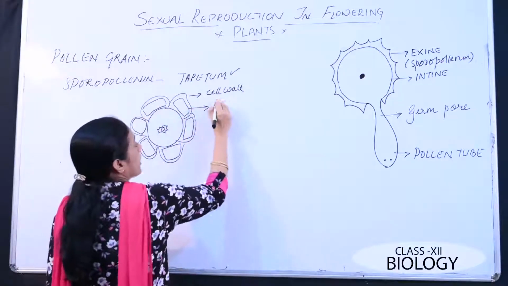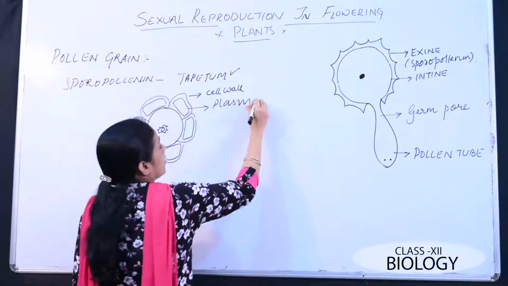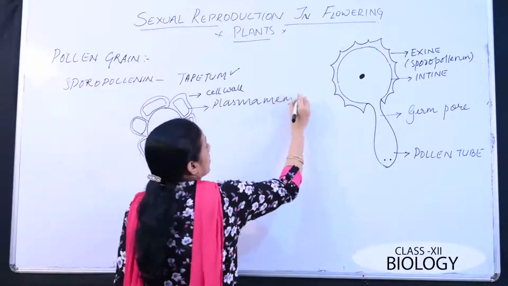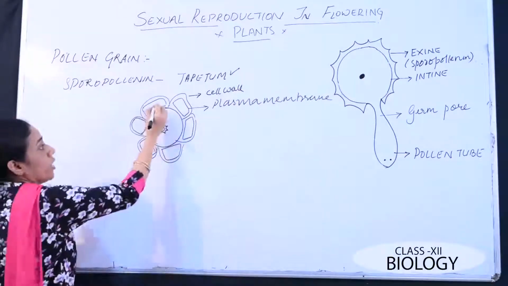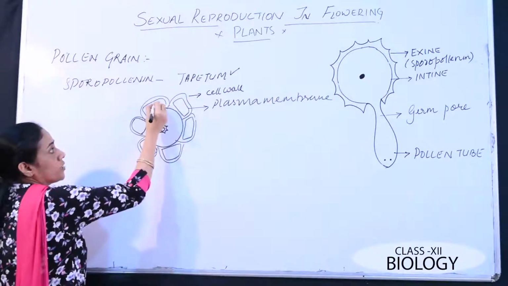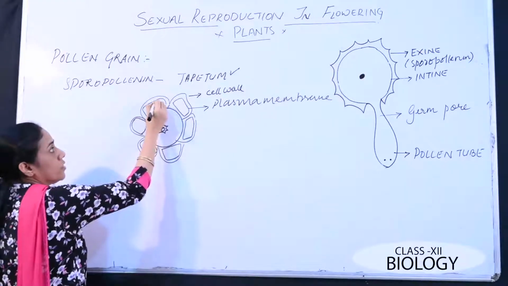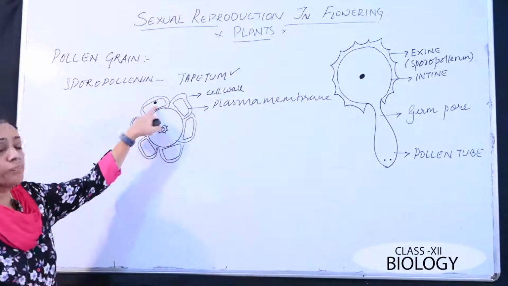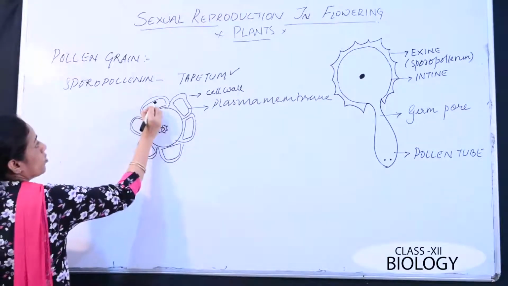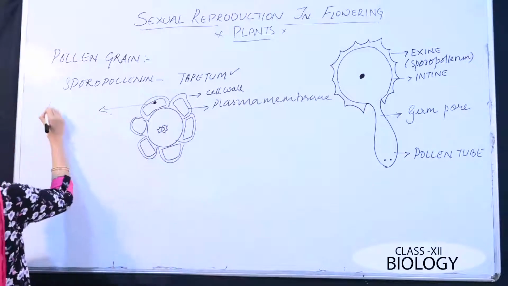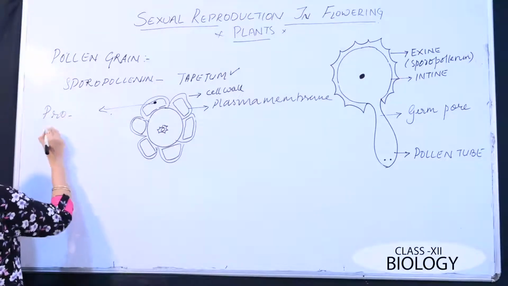This is the plasma membrane. Okay. Now at this point, students, there is a structure which is called the pro-Ubish bodies. So I'll label over here, there is a structure called the pro-Ubish bodies.